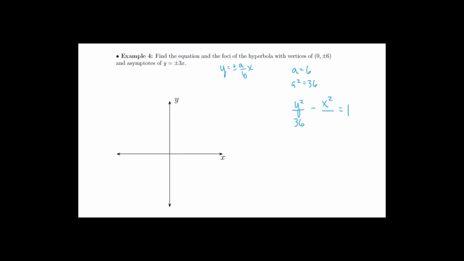Because if I go up 6, I know there's a vertex there, and down 6, there's one there, right? And so I know that I'm going to form my box as having a height going from -6 to 6, right? So a is the change in y of your asymptote, and so b would be the change in x.